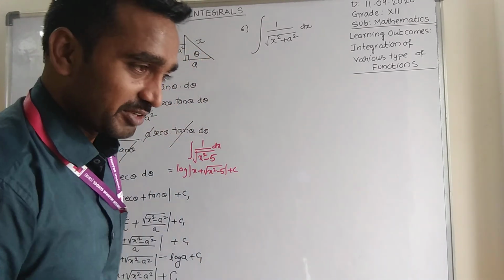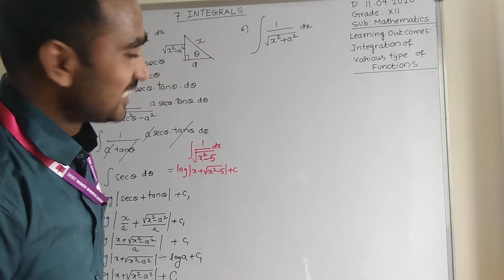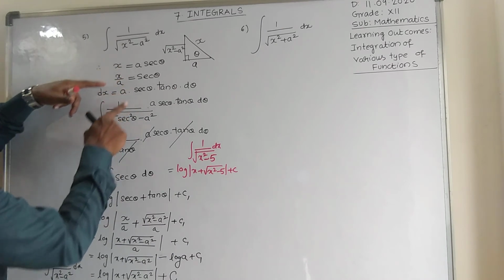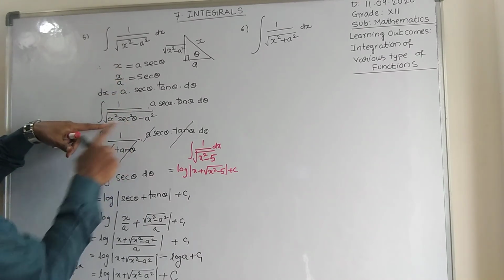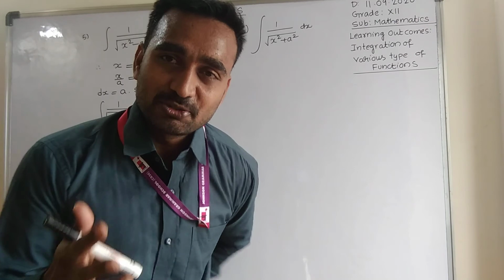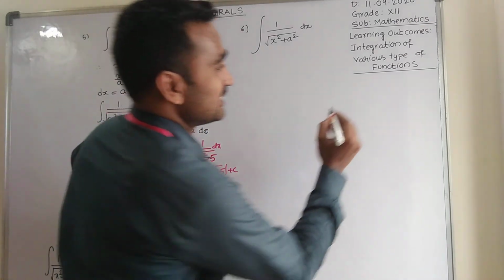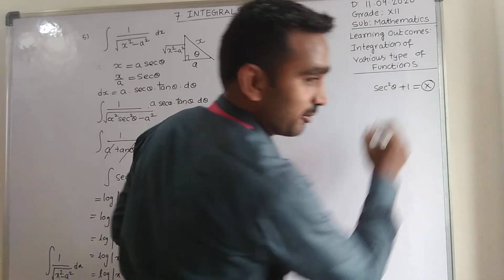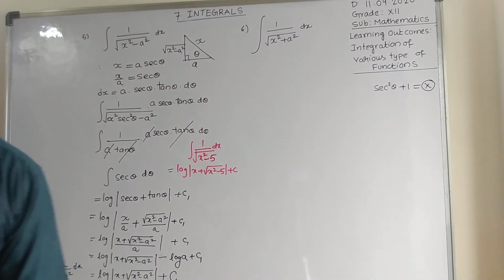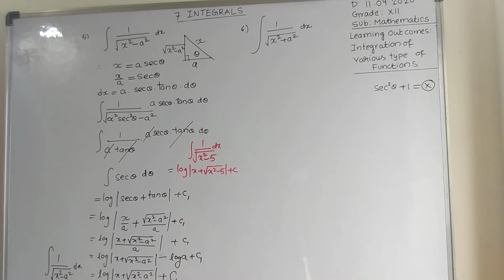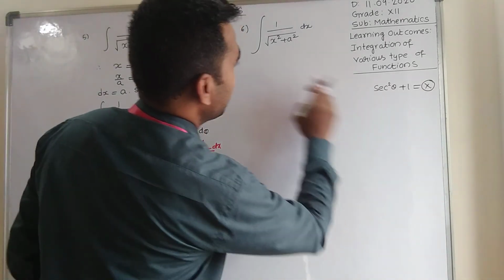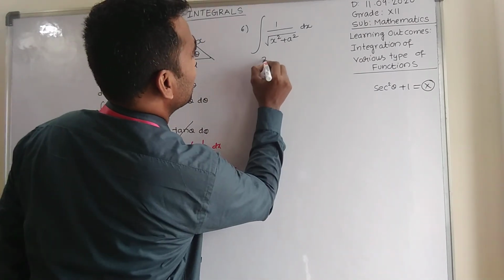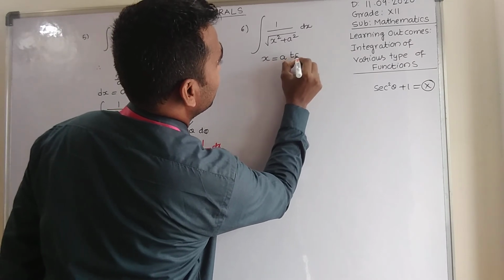Secant theta is no use, because secant square theta minus 1 gives a formula, but here secant square theta plus 1 won't give any formula. Then tan theta, if you take tan theta, then it will work and you can simplify. So x is equal to a tan theta.